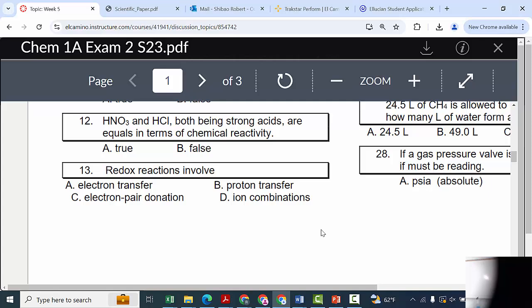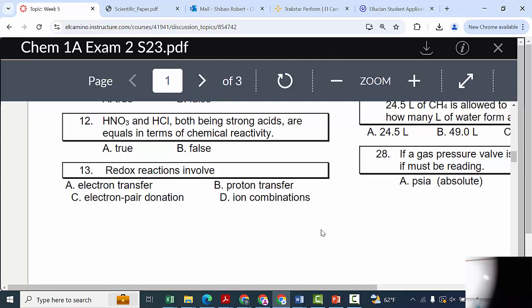And then which one's more reactive in terms of metathesis reactions? And so this is kind of deceptive. Nitric acid is totally unreactive because all nitrates are soluble.